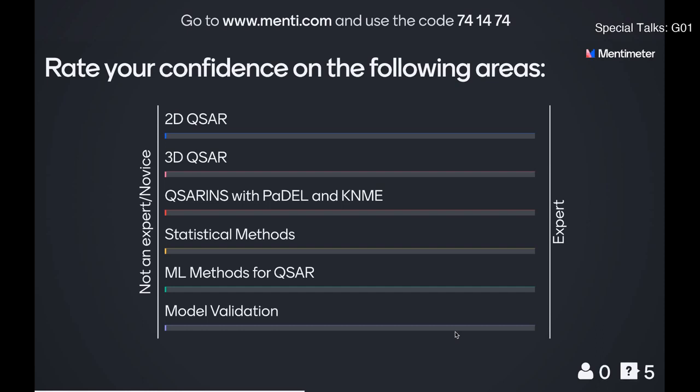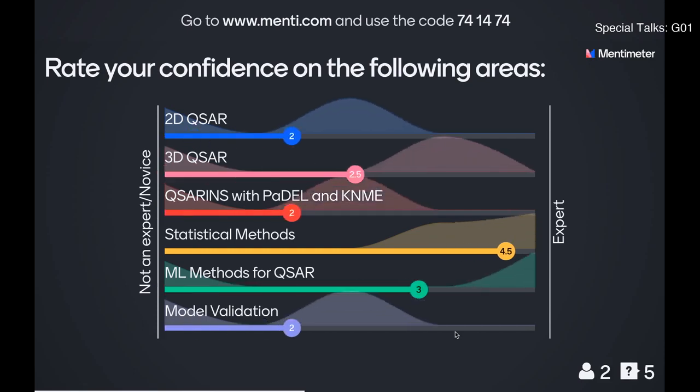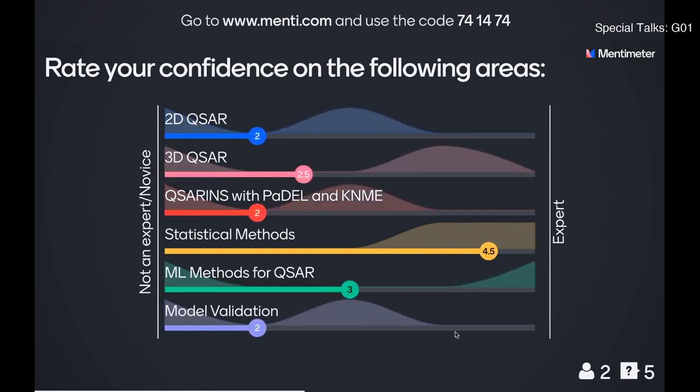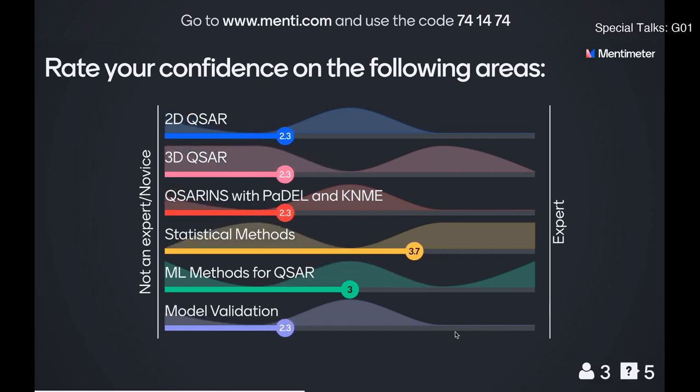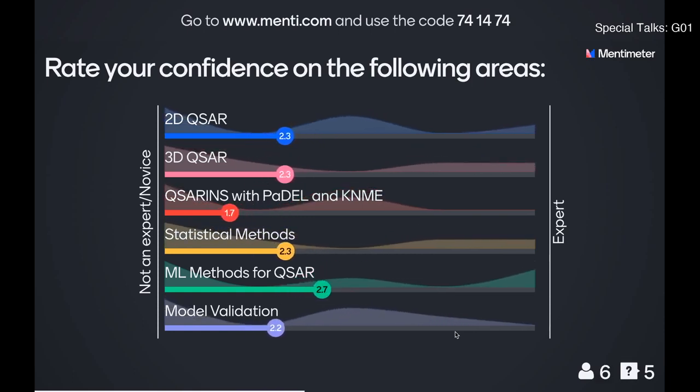You just slide or click on each of the sliders and say what your level is, whether you are an expert in all of them. You can either give it for all or one, it depends on your choice. I can see already 2 people have submitted. This is just to better understand where I have to focus more.